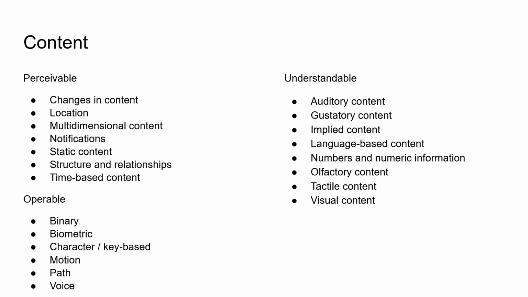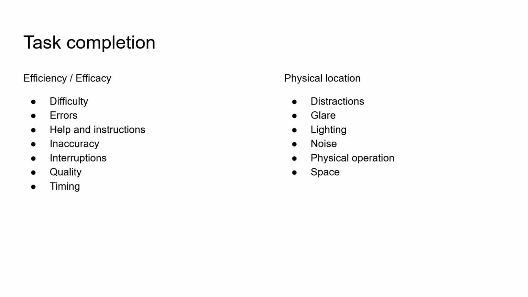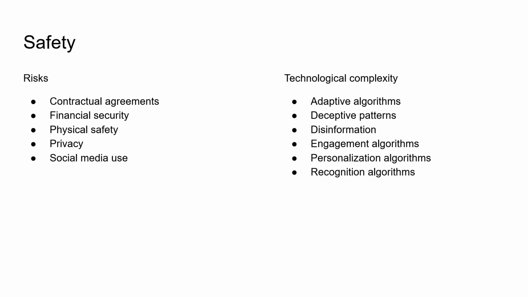Content characteristics address the perceivable, operable, and understanding features of content itself. Task completion addresses features that relate to a user's ability to complete a task in the digital environment, including impact of their physical location and design for efficient use. Safety includes social constructs like contracts and privacy, and technological complexity of algorithms and disinformation.